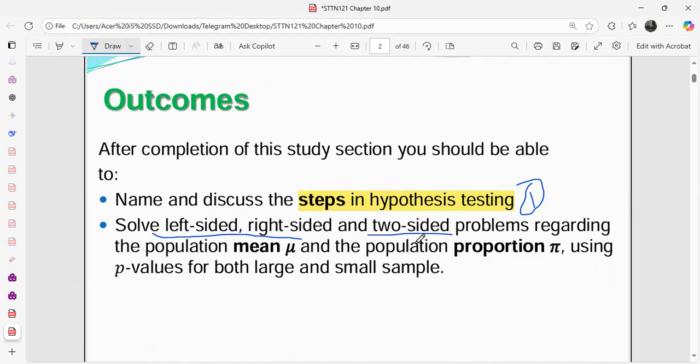We have hypothesis testing under the population mean, and under population proportion. Note this, that's number two. The other one is number three, and also you get the p-values.